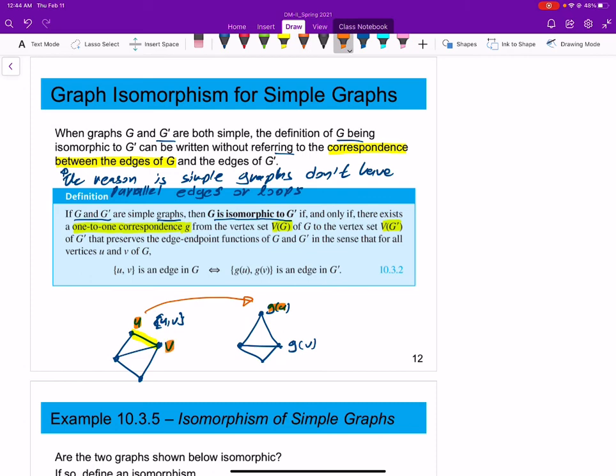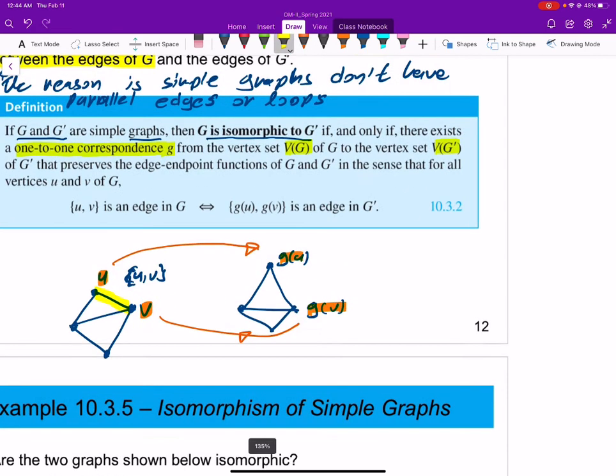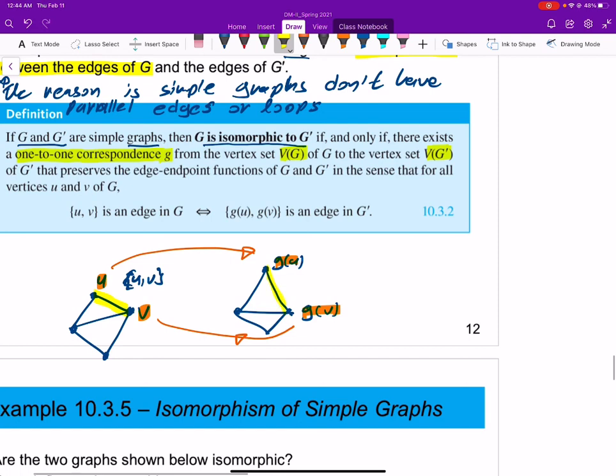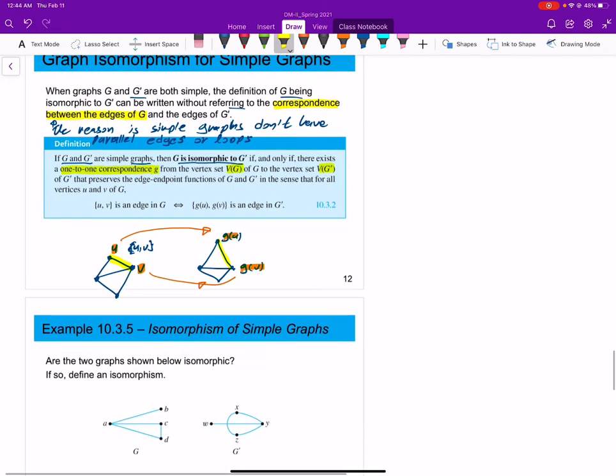And this maps with that. And then this is the corresponding edge, which can be given by (GU, GV). So that is given right here.